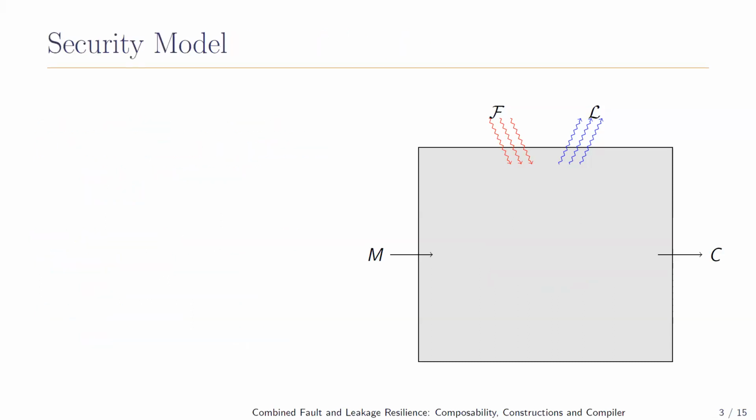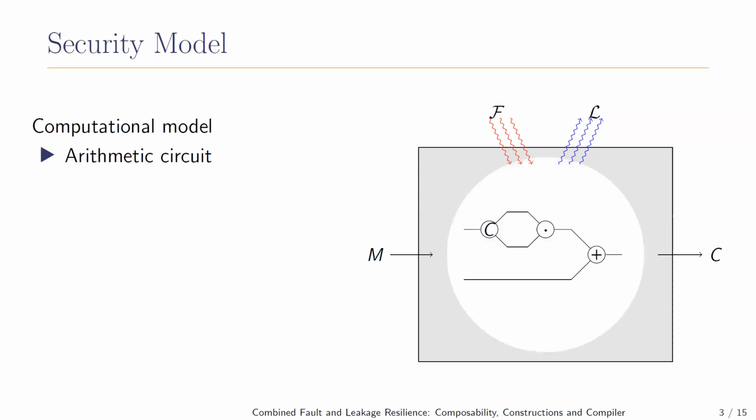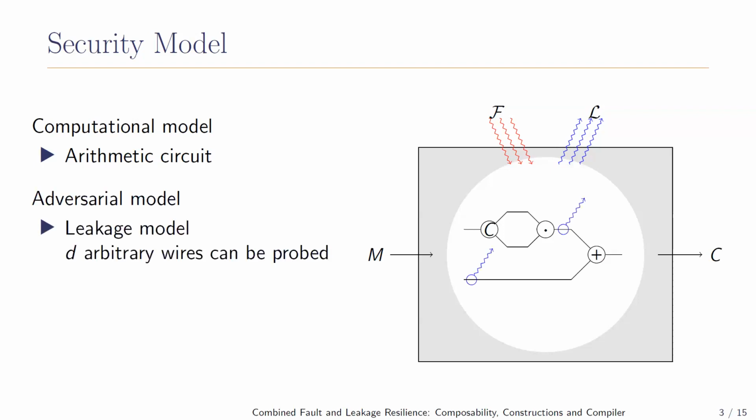Therefore, we first have to model those attacks. For this, we start with a computational model to describe the inner computation. There we use the circuit model, where each operation is described as a gate and all values are carried by wires. With this, we can first define the leakage model, where we allow the adversary to probe the wires to learn the values that they carry.